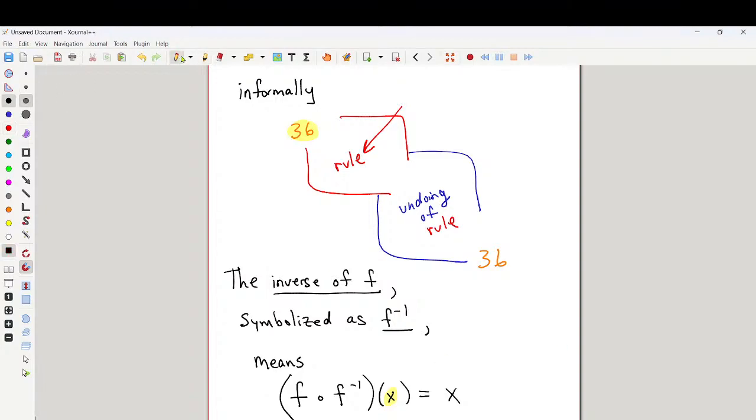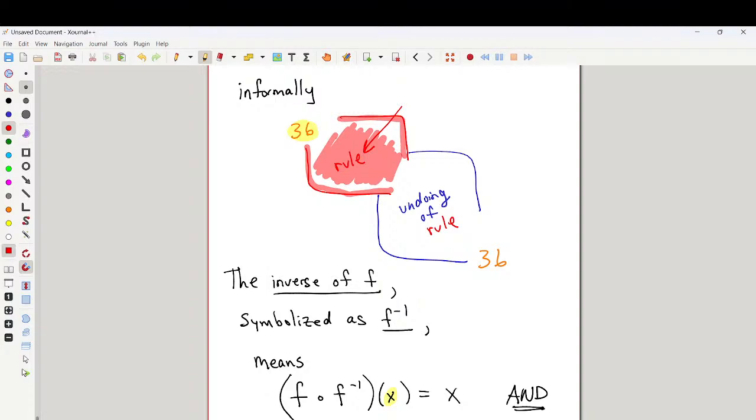I'm going to write one more thing here. Both of these are the same. So I'll say, and so I can follow the story, we'll talk about it at the end. Here's our 36, and it went into a rule, F, whatever rule you want that to be.